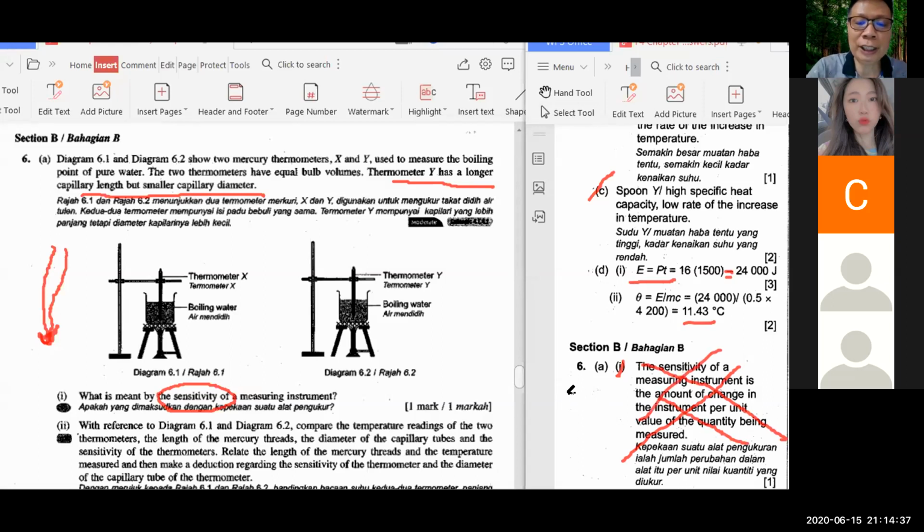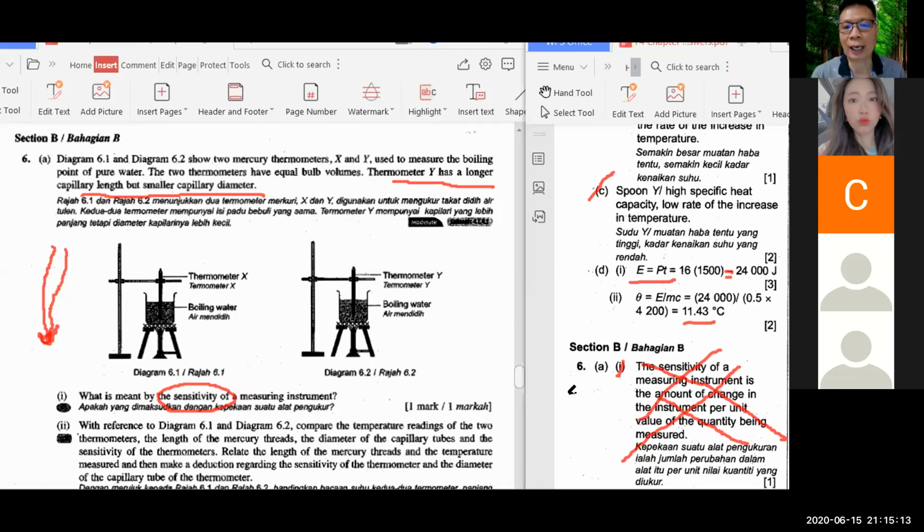So sensitivity means the ability to measure and detect small changes in a quantity. I say it again: the ability to detect or to measure small change in a quantity.